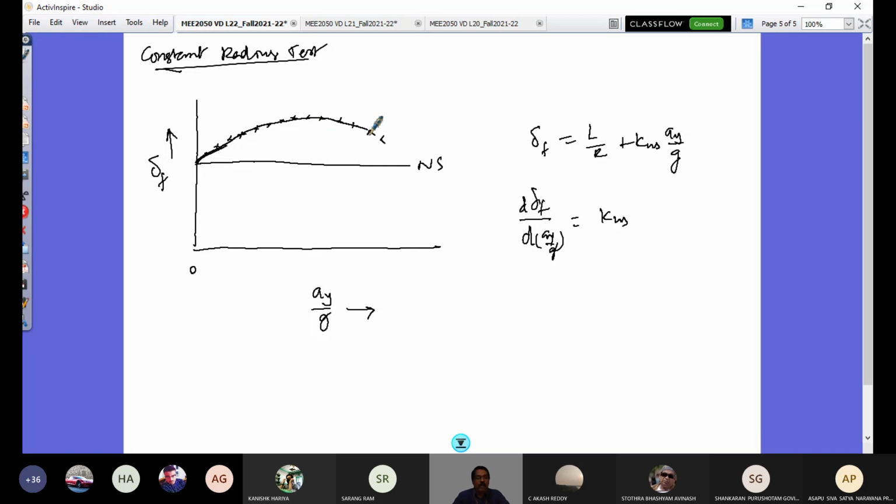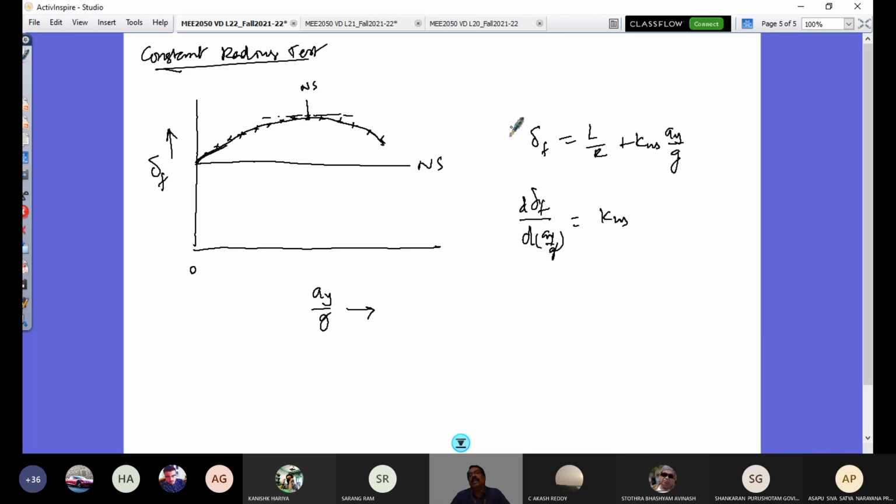Look now. There is a point where the slope is 0. Here the slope is positive, and that keeps decreasing until it is 0, and then a negative slope comes. When the slope is 0, that corresponds to the neutral steer tendency of the vehicle.